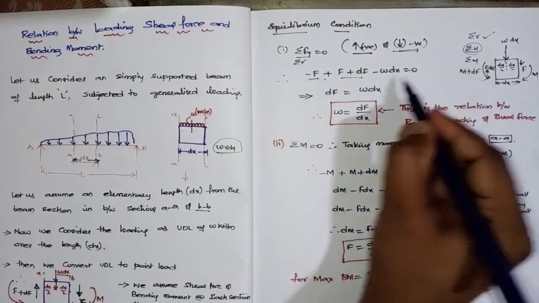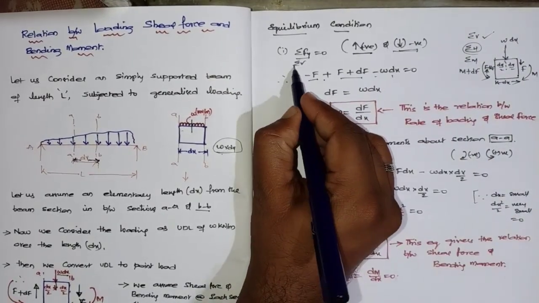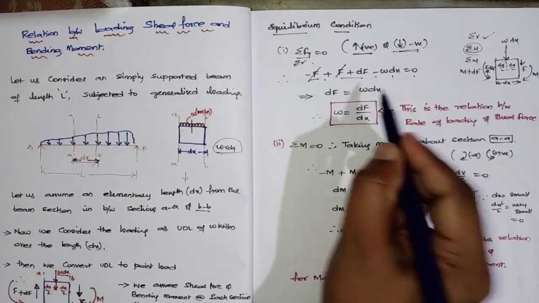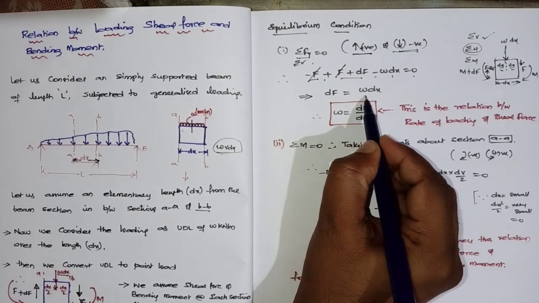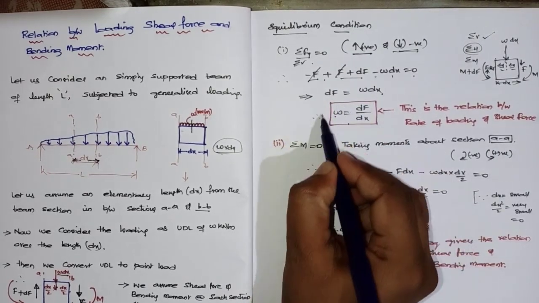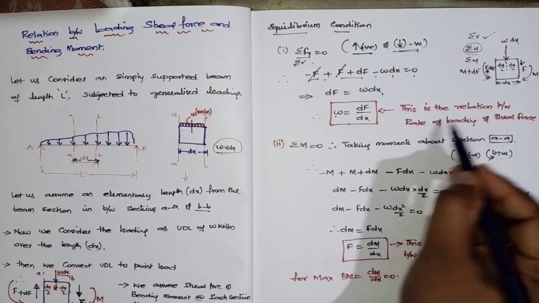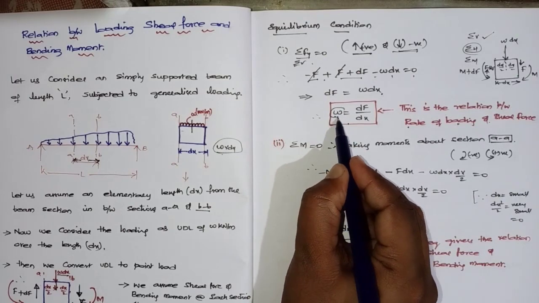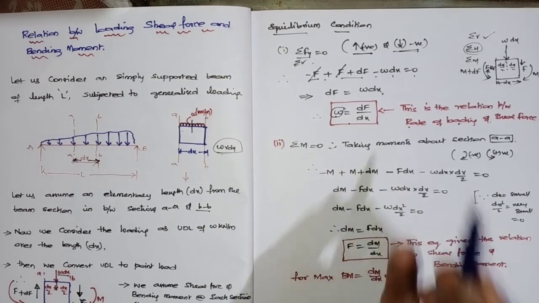Now this one is acting downward, minus w dx. Sum of vertical forces equals 0. Here minus F plus F gets cancelled, and I remain with dF equals w dx. So w equals dF by dx. This equation shows the relation between rate of loading and shear force: the rate of loading is equal to dF by dx.